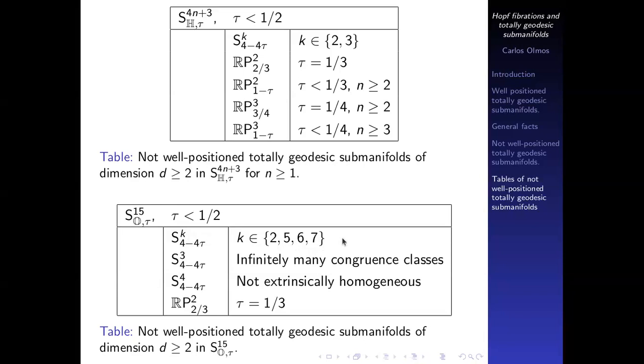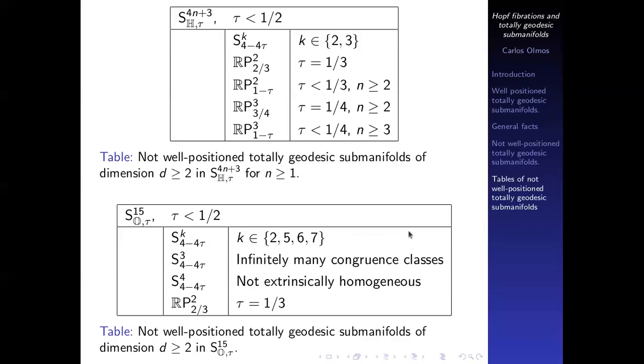Of course you have a totally geodesic 7 sphere, you have 6 spheres, 4 spheres, 5 spheres, or any, but what happens is that these are the homogeneous ones. The homogeneous ones are extrinsically homogeneous, but the others are intrinsically homogeneous but not extrinsically homogeneous, the other spheres.